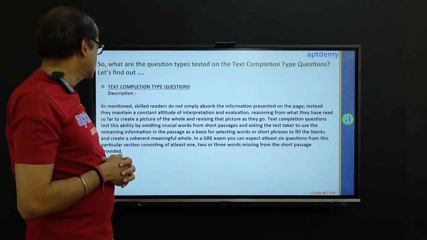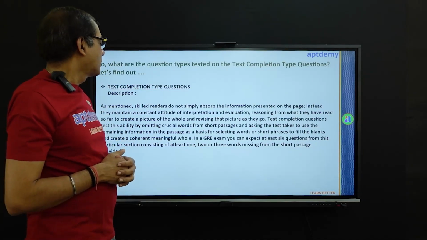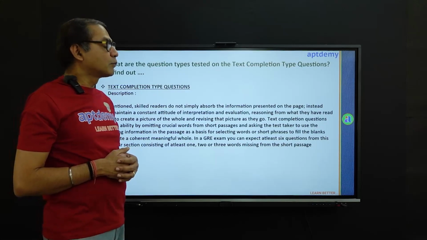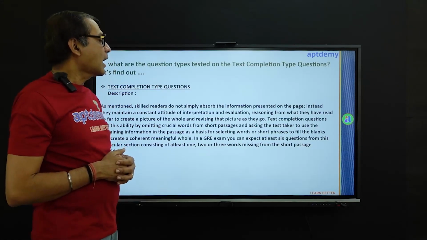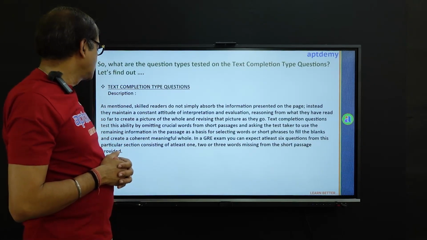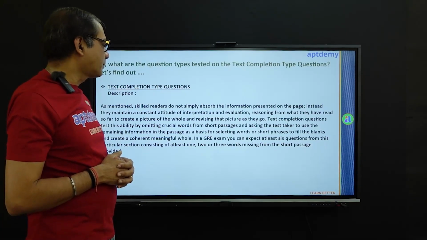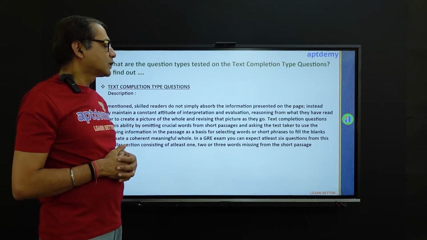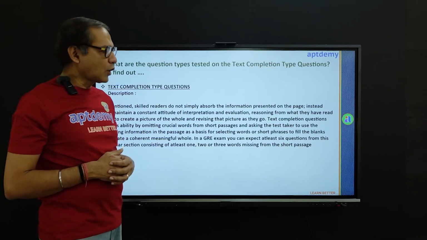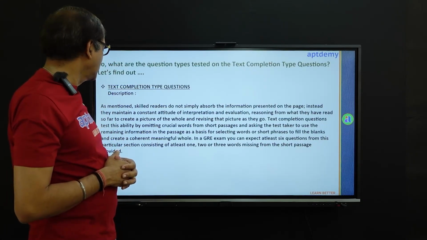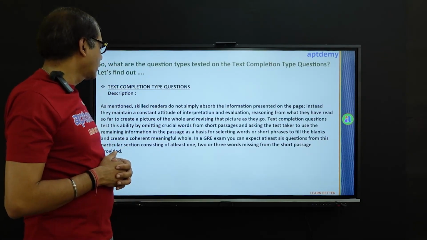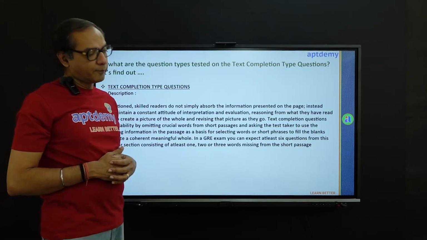Text completion questions test this ability by omitting crucial words from short passages and asking the test taker to use the remaining information in the passage as a basis for selecting words or short phrases to fill the blanks and create a coherent, meaningful whole.